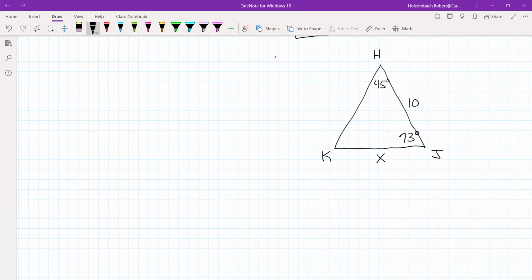Now look, if we do sine of H over X, agreed? We know an angle and we know its opposite side. So sine 45 over X equals, if we use sine of 73, we don't know its opposite side, do we?